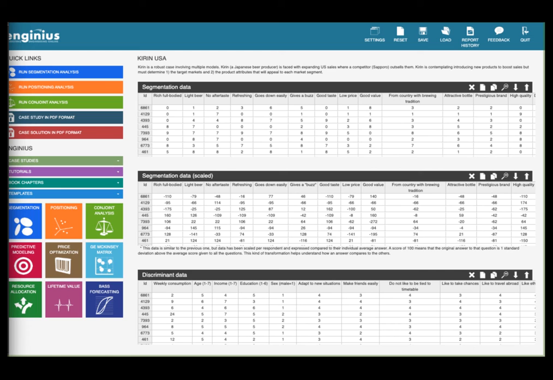One key issue is to identify potential market segments that define the market for imported beers. The company has to decide on one or more of these segments and then build a new product concept to meet the needs of the segment that they're going after.